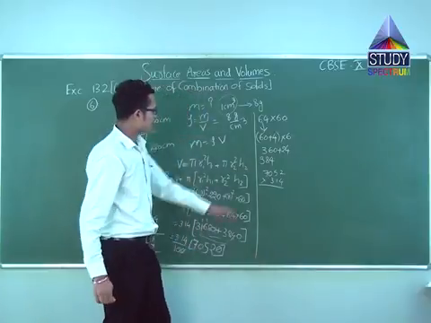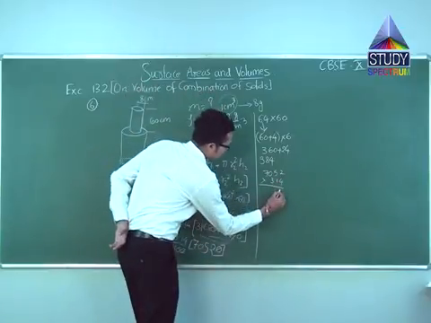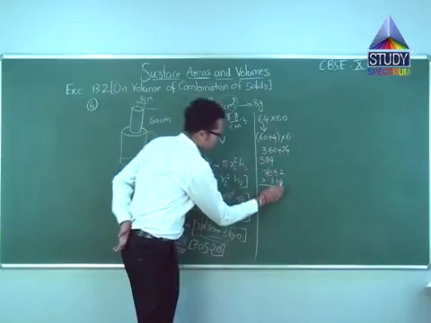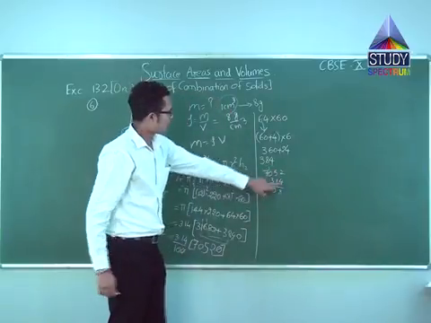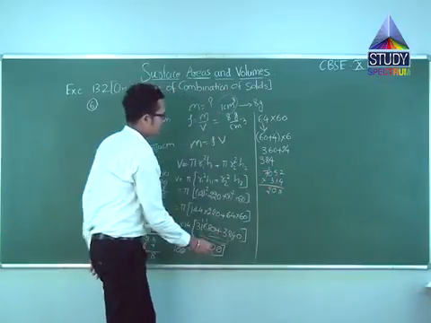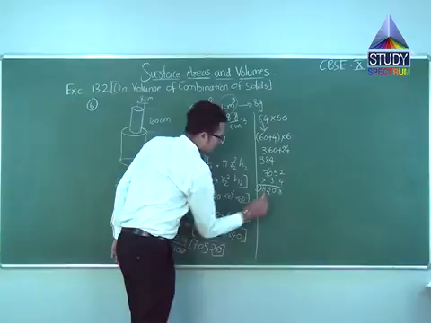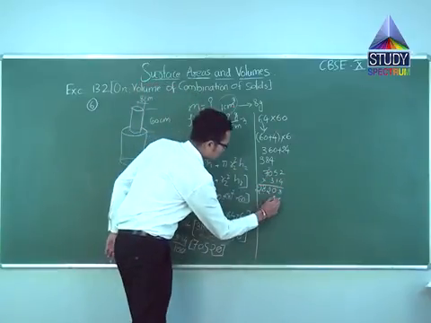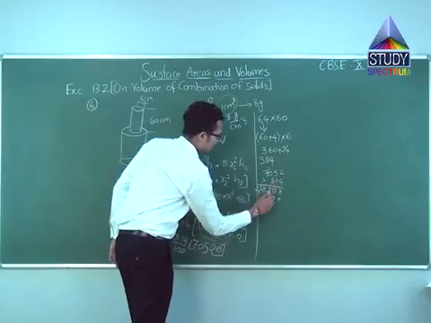Let's multiply this. 4 into 2, 8. 4 into 5 is 20. 2. 0. 4 into 0 is 0. Plus 2, 2. 4 into 7 is 28. Plus 1 into 2, 2. Again 1 into 5, 5.